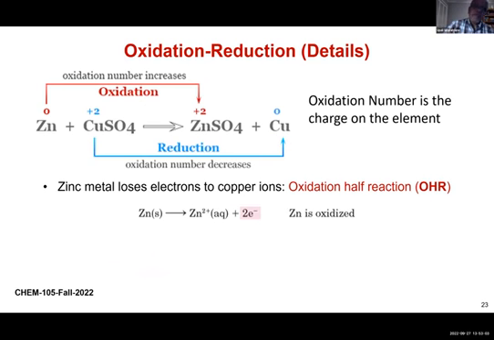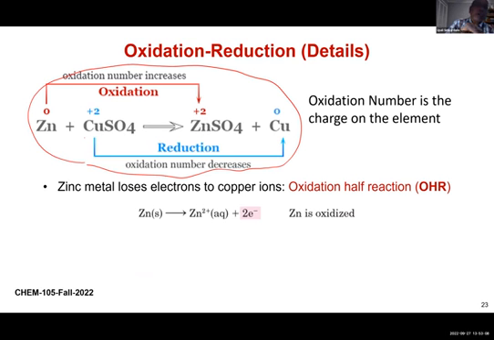This is the same diagram I have shown you. Oxidation number is the charge on the element. If you look at zinc, zinc is a neutral metal. Therefore, the charge is 0. Copper in this compound is copper 2+.